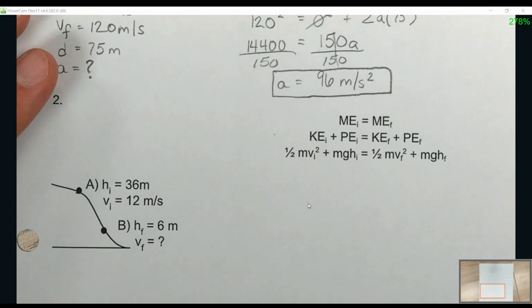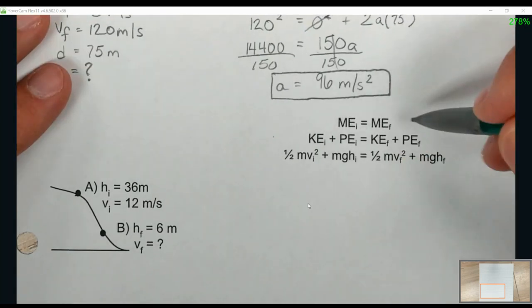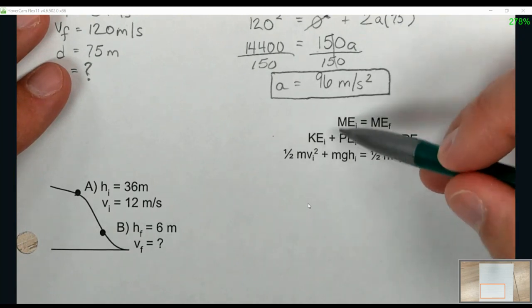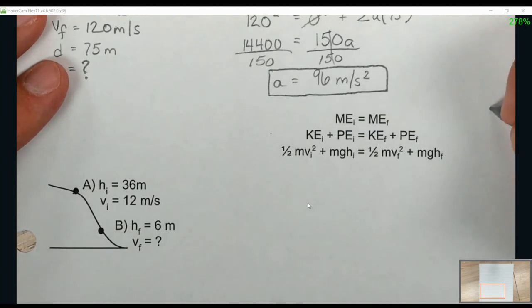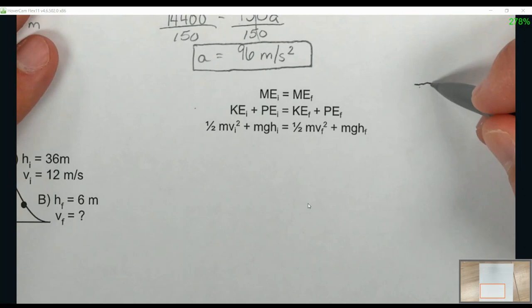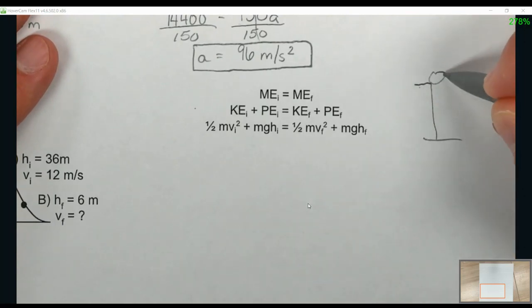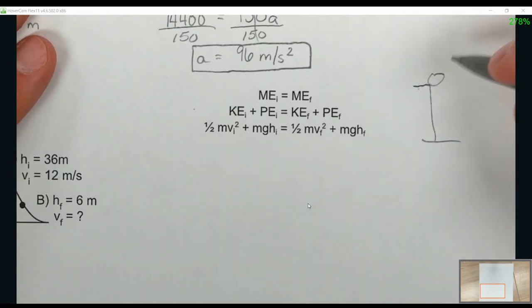Energy is neither created nor destroyed. It can only change form. So mechanical energy is the sum of kinetic and potential. I'm just doing a little side drawing here. If I'm about to drop something off of the top of a desk, right there, I'm all potential energy.